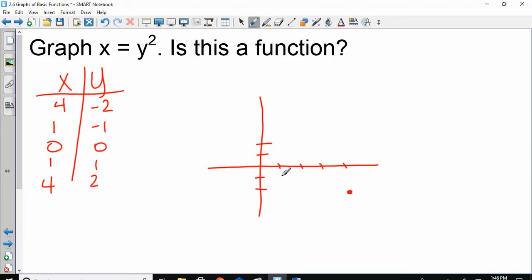So we have 4, -2, 1, -1, 0, 0, 1, 1, 2, 4. What is this? You connect the dots, what does it look like? Sideways parabola.